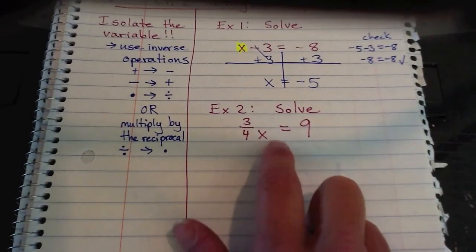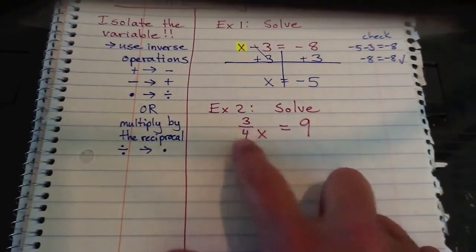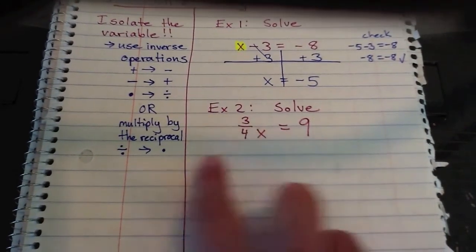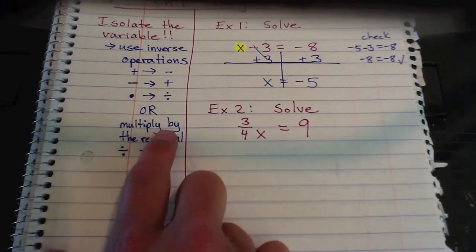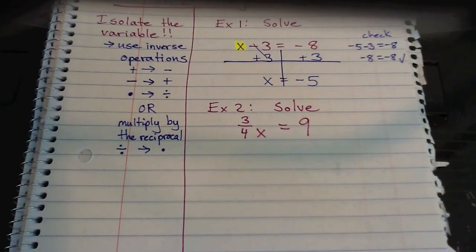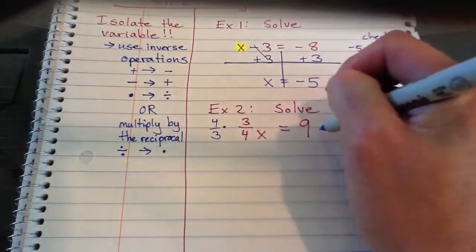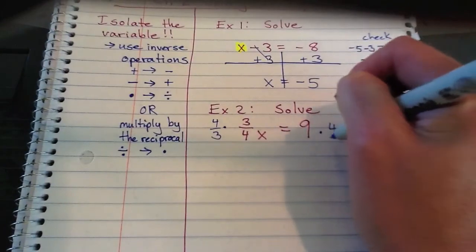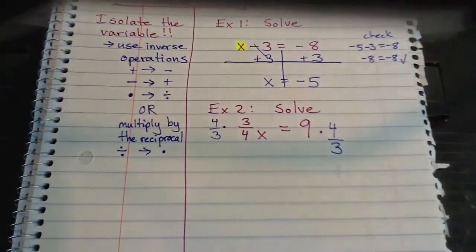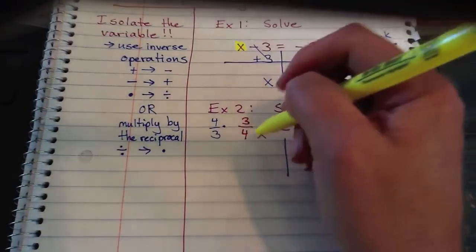You could actually divide both sides by 3/4, but that tends to confuse people since there's a fraction there. So I can multiply by the reciprocal. If you were to multiply this by 4/3, you need to remember to multiply 9 by 4/3 also. So that's the two sides of the equation. There's your variable.